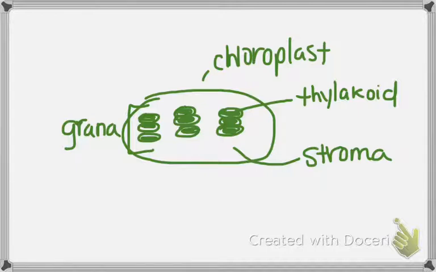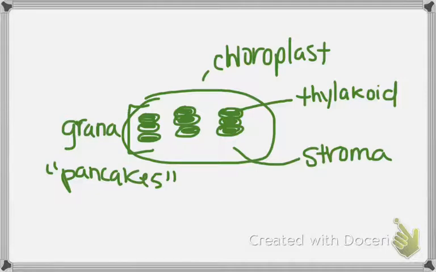And also highlight underneath, their primary purpose is to make ATP and NADPH. Those are energy molecules. We'll get more in depth in that in a minute, but just to get your brain thinking. Grana, just a stack of thylakoids, or if you want to put in little quotation marks, pancakes.